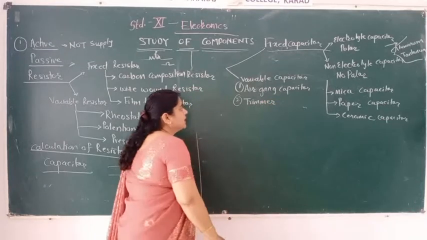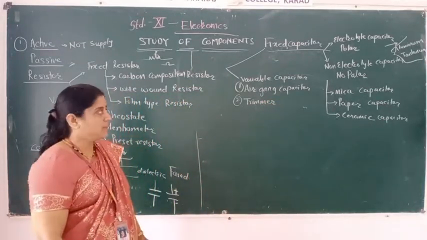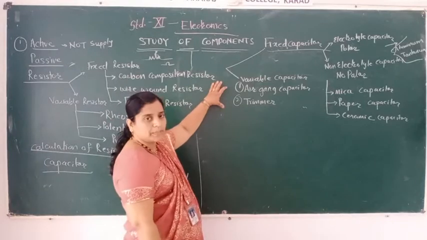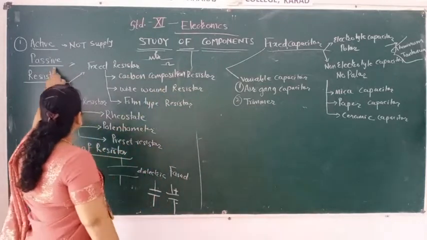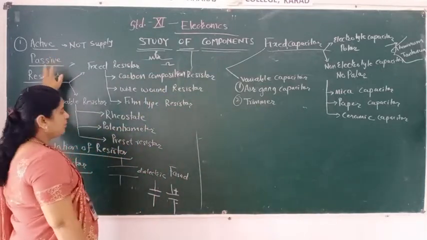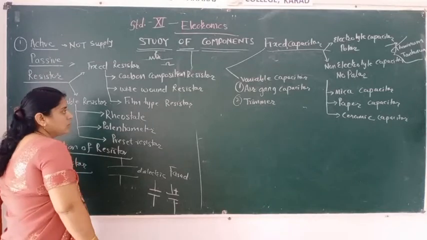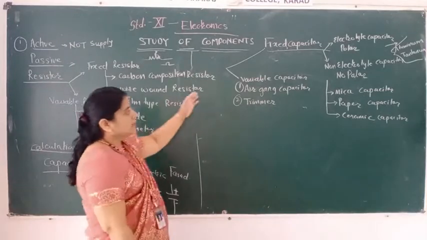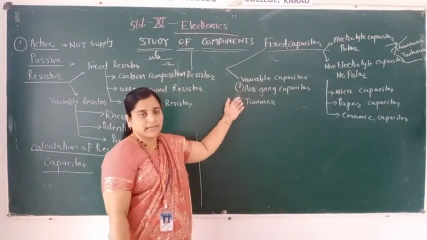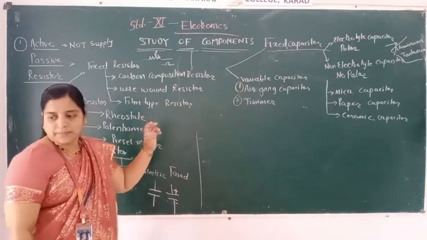So these are about the capacitor. First we took active and passive components, then resistor, then capacitor and its types, fixed capacitor and variable capacitor.